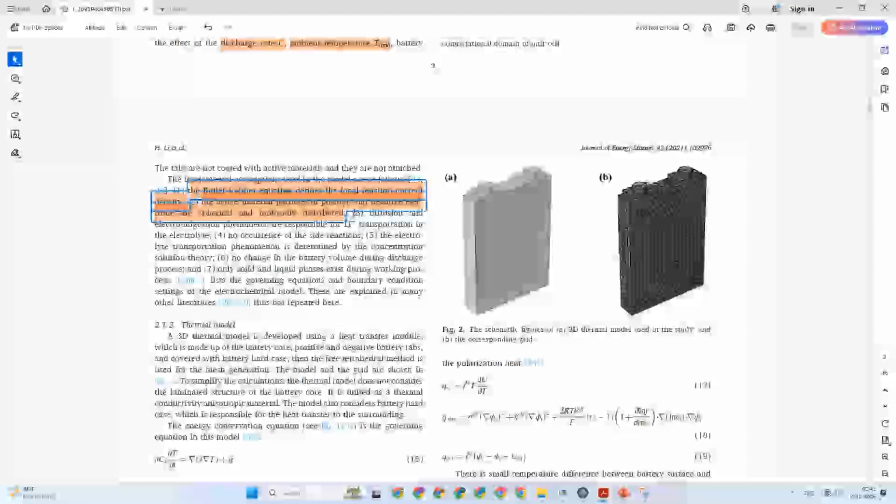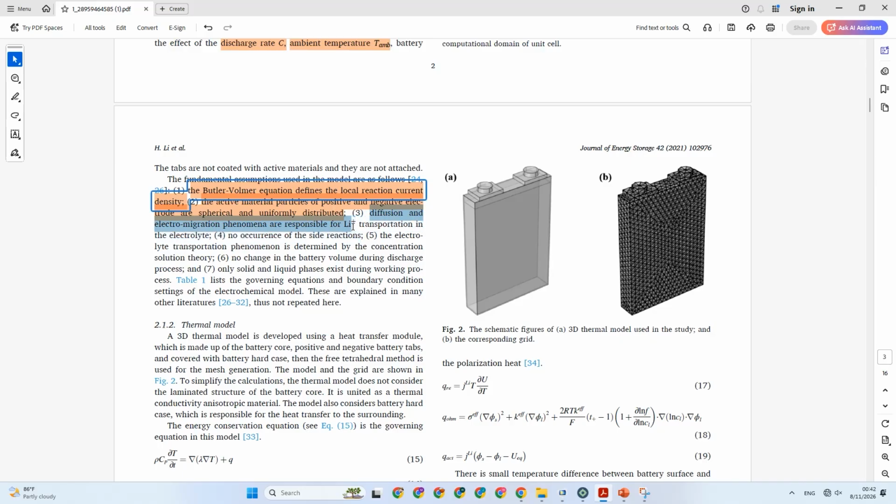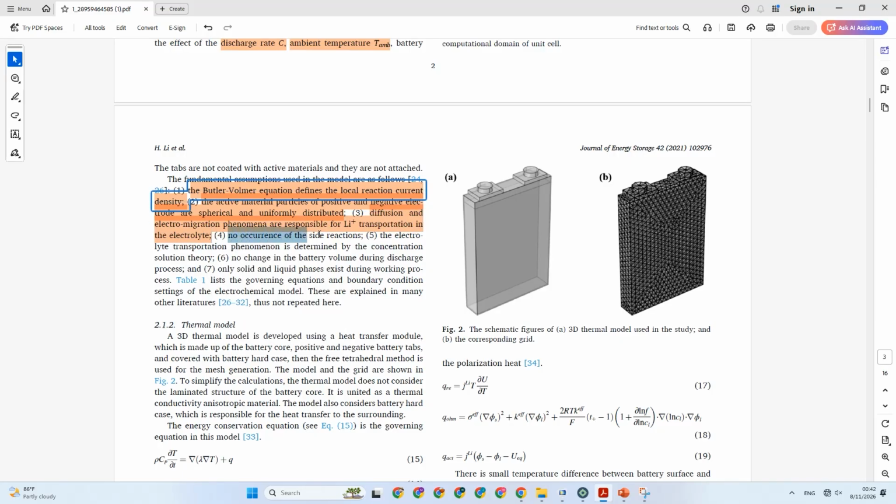Diffusion and electron migration phenomena are responsible for lithium cation transportation in the electrolyte. No occurrence of side reactions. The electrolyte transportation phenomena is determined by the concentrated solution theory.